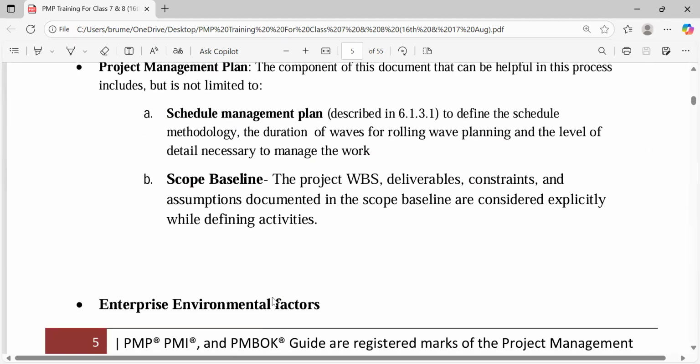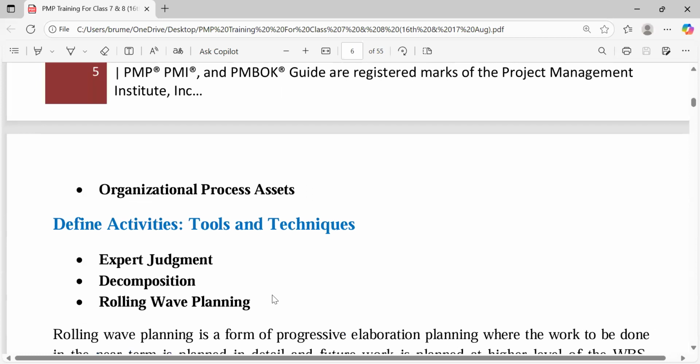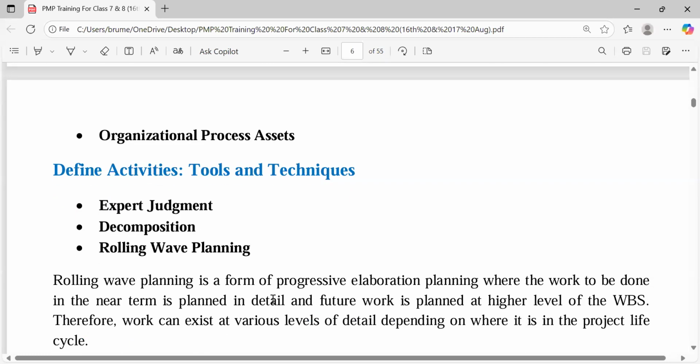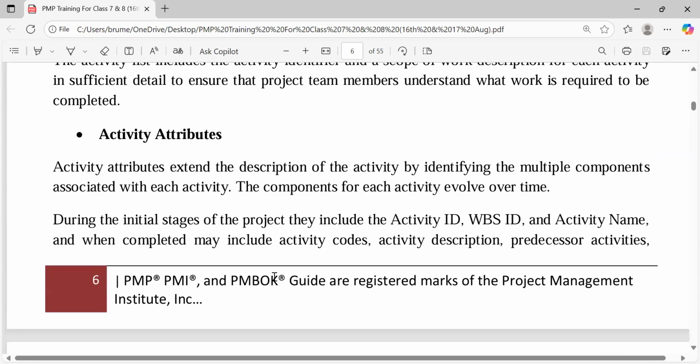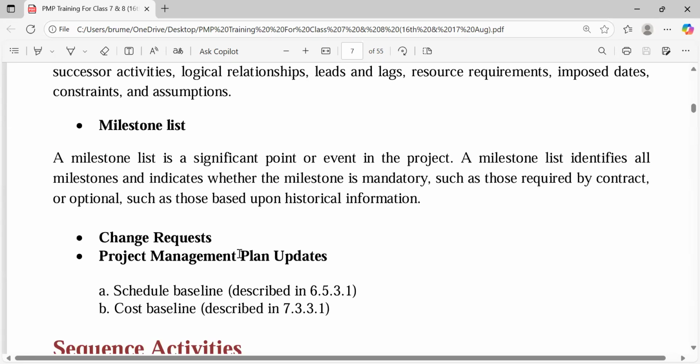We reminded ourselves of the scope baseline as what is needed for defining activities. We also looked at the activity list, which is an output of the define activities process, where I said the activity list would have all the identified activities on it. We talked about the activity attributes, which I said is about the detailing of the individual activities, where they fall in the work breakdown structure, their IDs, their description, what comes before them and what comes after them and what they would be doing. And we went on to introduce milestones.